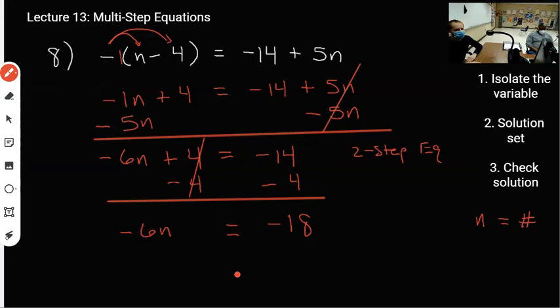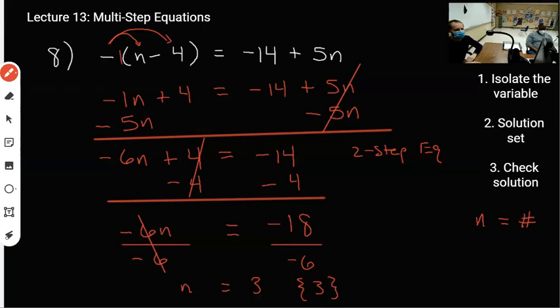The last thing I have to do to get rid of the negative 6 is divide everything by negative 6. So they're going to cancel out. I have n is equal to negative 18 divided by negative 6. That's going to be a positive 3. So I put that in my solution set.